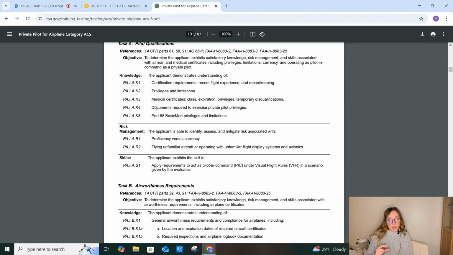But it's like a cute little card, the size of your driver's license. And it'll say your name and it'll say what kind of privileges you have, like if you're a student pilot or a private pilot, if you have your instrument rating, stuff like that. Make sure to have a photo ID, driver's license or passport, and your medical certificate. If you're a student pilot, make sure to have a logbook on you.